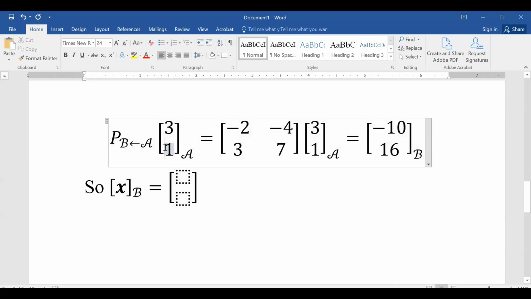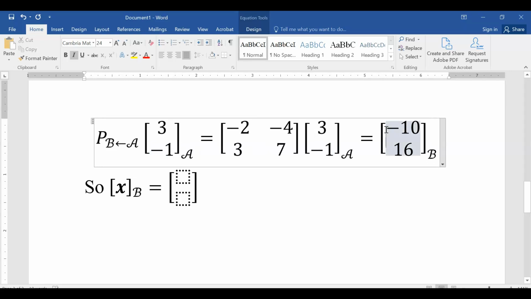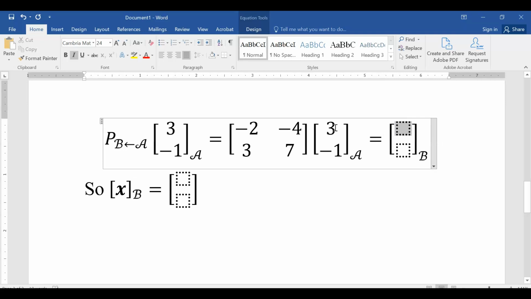Now, if you do that the other way, if instead of going from B to A, you go from A to B, again, let's pretend I have a vector that's written with respect to A as 3, negative 1. I messed this up as well because I screwed up my positives and negatives. So what would that be? Negative 2 times 3 is negative 6.